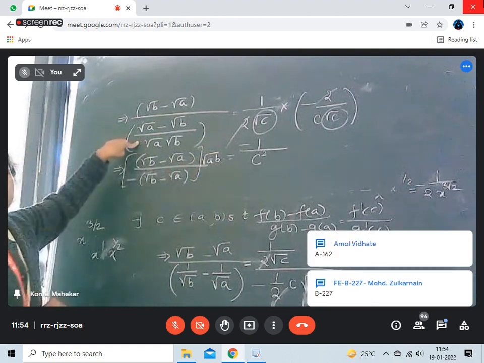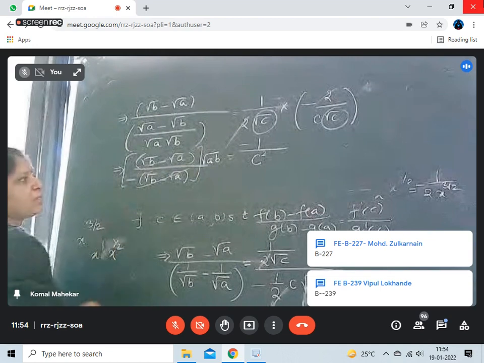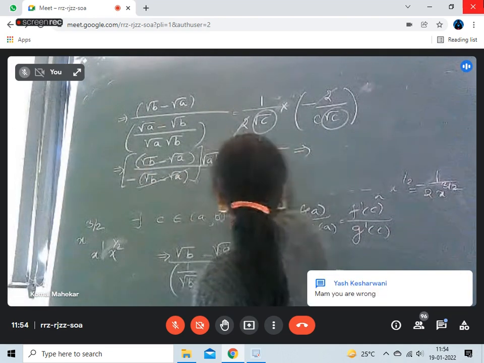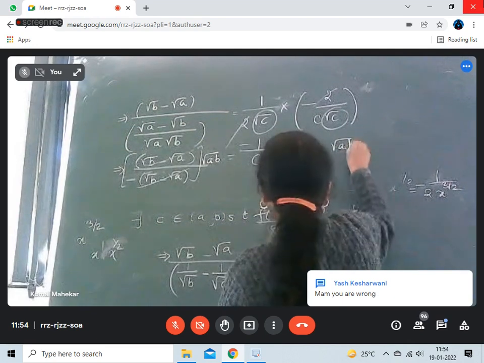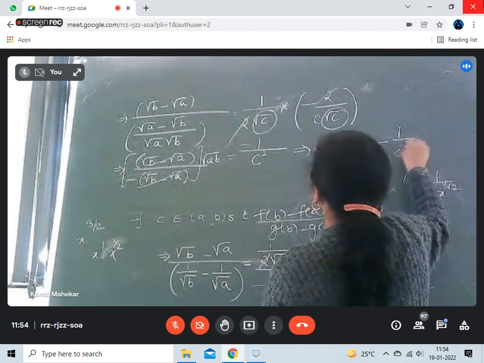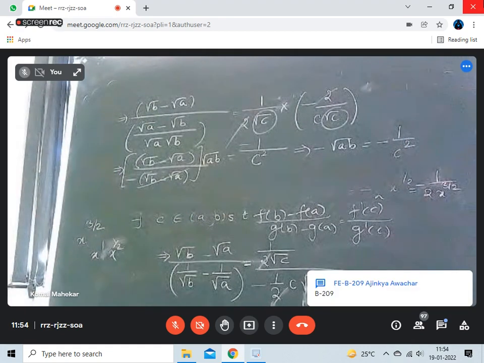Okay, square root of ab. Then this root b minus root a get cancelled. So what we obtain, this is minus square root of ab is equal to what? Minus 1 upon c square.